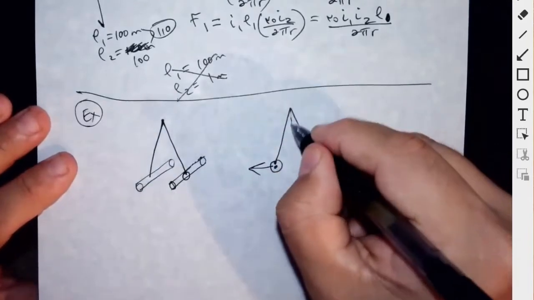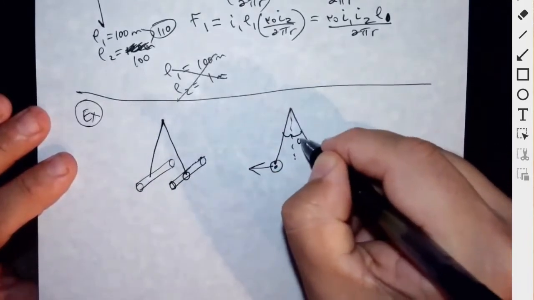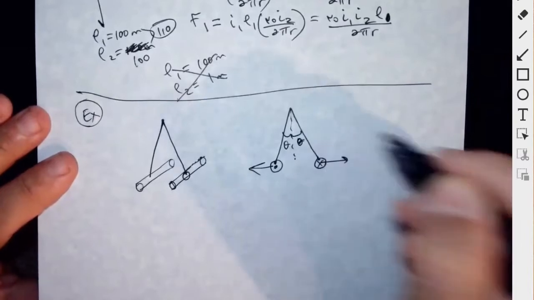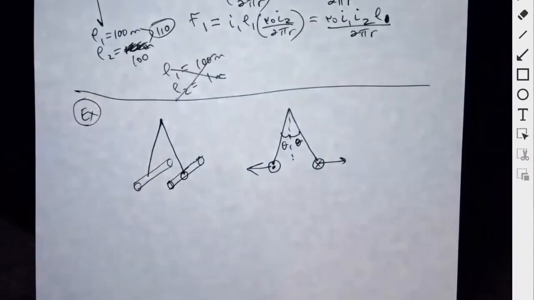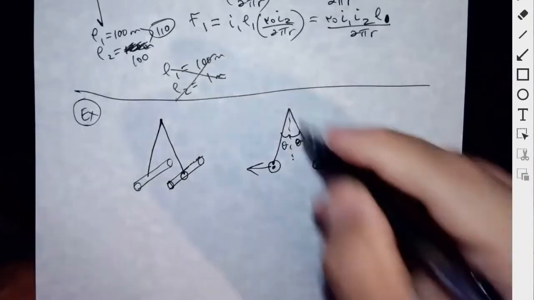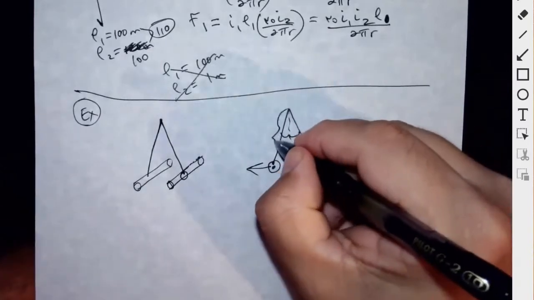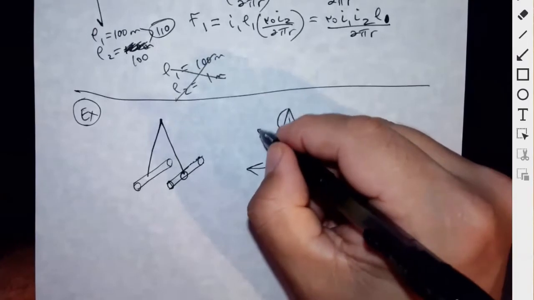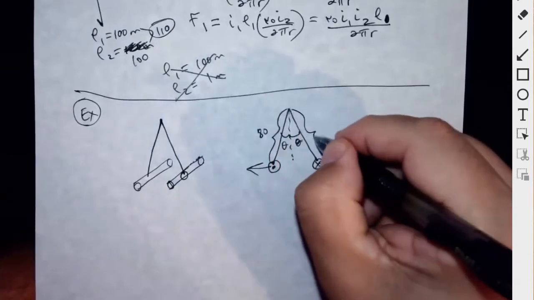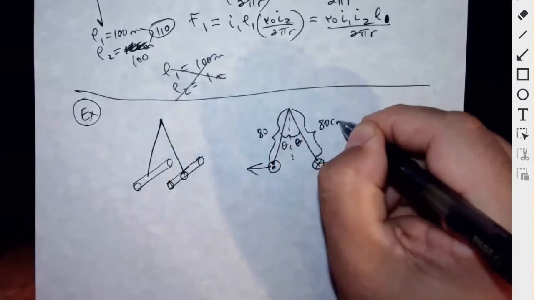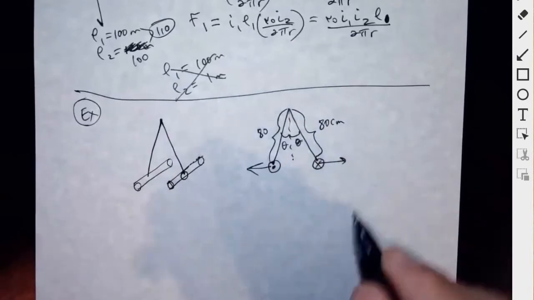So what is this angle then? Remember the pith ball problem? So then this will be very similar to that. We can say, okay, this is 80 centimeters. And then I have to give a length to each one.